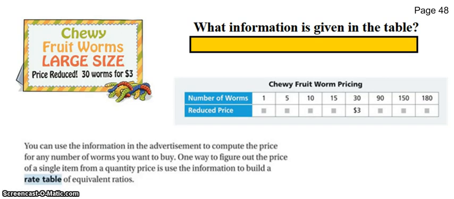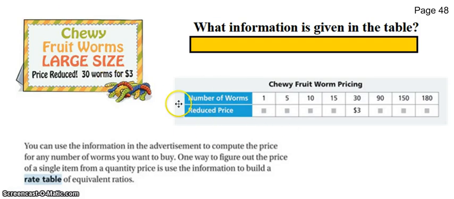At the bottom of the page, there's another picture, and it says you can use the information in the advertisement to compute the price for any number of worms you want to buy. One way to figure out the price for a single item from a quantity price is to use the information to build a rate table. And that's what this is right here.